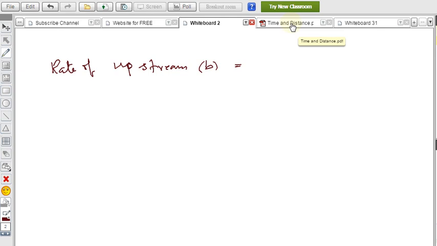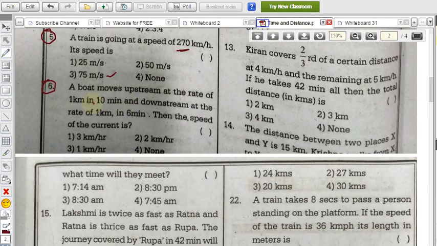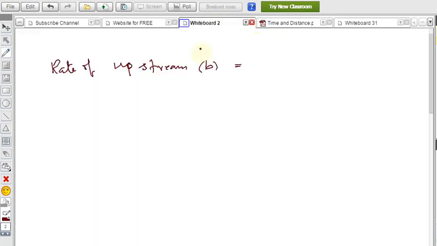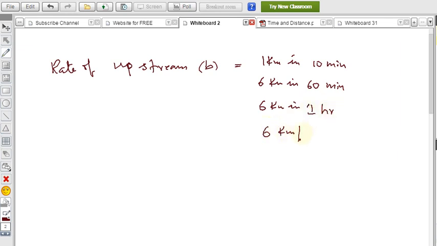Rate of upstream is 1 kilometer in 10 minutes. For 10 minutes it takes 1 kilometer, therefore 6 kilometers in 60 minutes. That means 6 kilometers in 1 hour. That's 6 kilometers per hour.